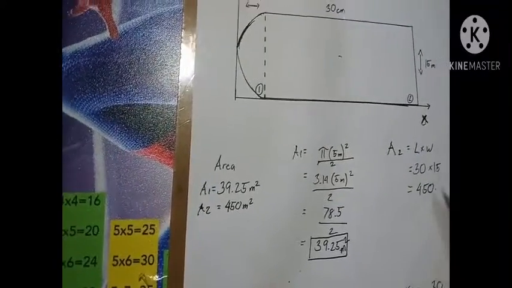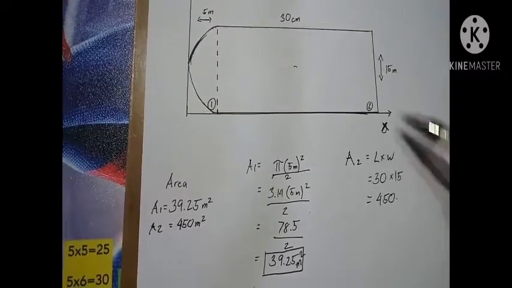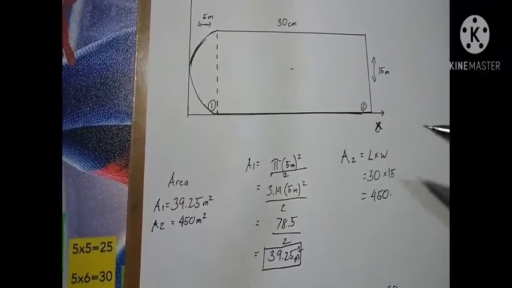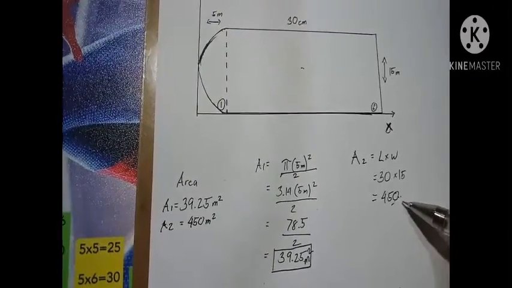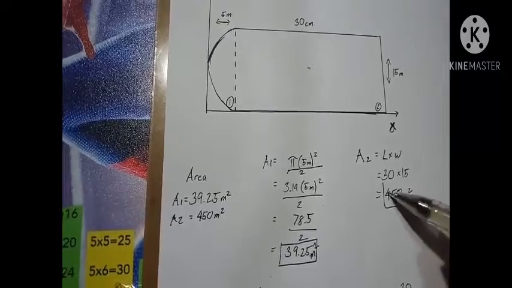For the rectangle, we have here length times width. The length times the width of the rectangle is 30 times 15 equals 450 meter squared. So that's it.